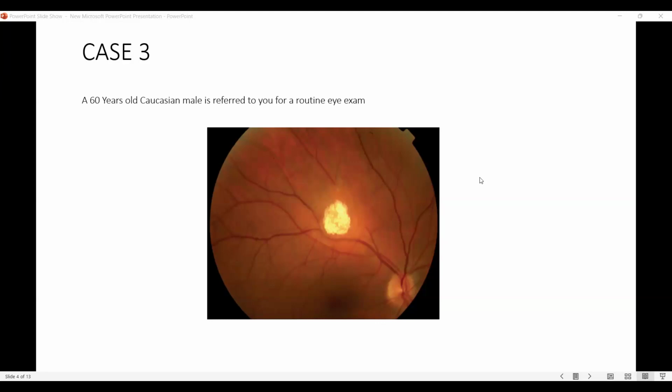Okay, no problem. Then what history would you like to take for this patient? Since now I'm seeing the whole scenario, it's a 60-year-old male patient. Yes, it could be a case of trauma.